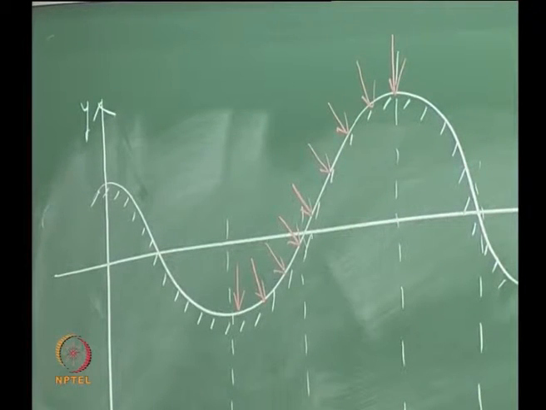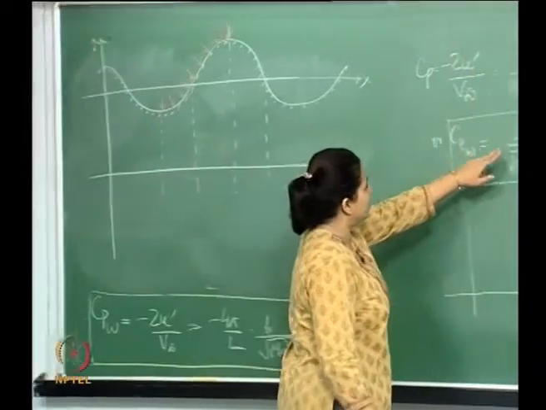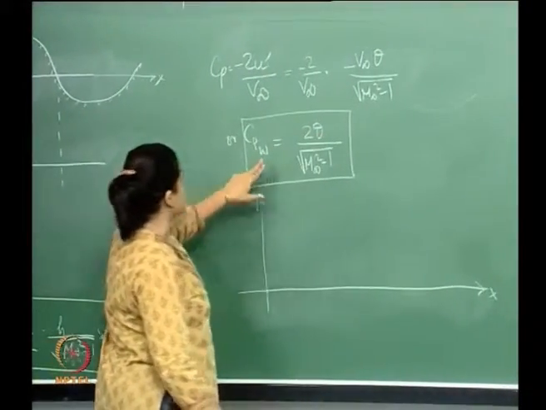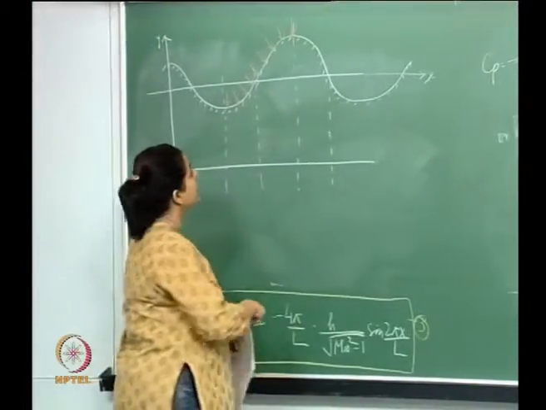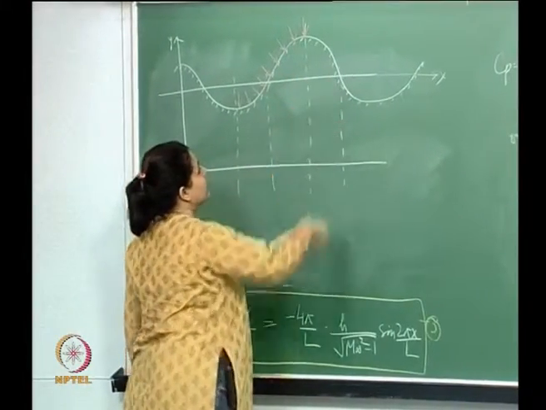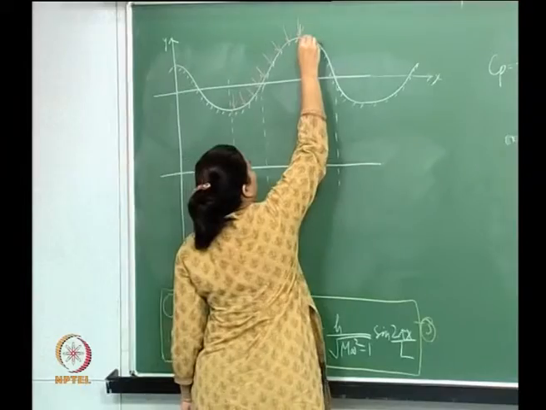And then if you look at this, theta is negative, Cp is also negative. So if that is true, then this becomes negative here.